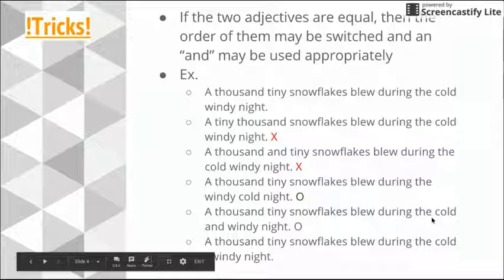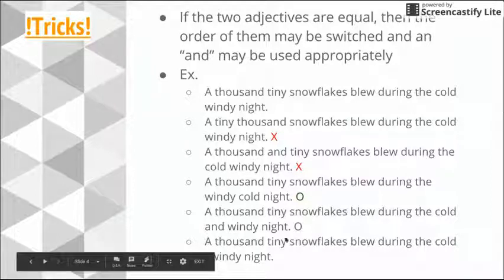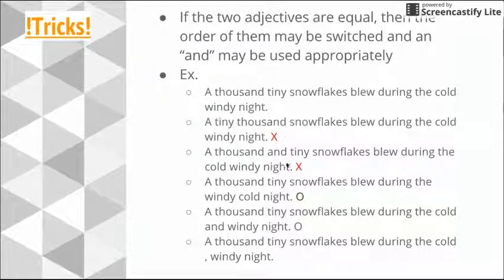So then that cold, windy night is an example of having coordinating adjectives. And so if they're equal adjectives, you place a comma in between, as done here, and that is how you properly use equal adjectives.